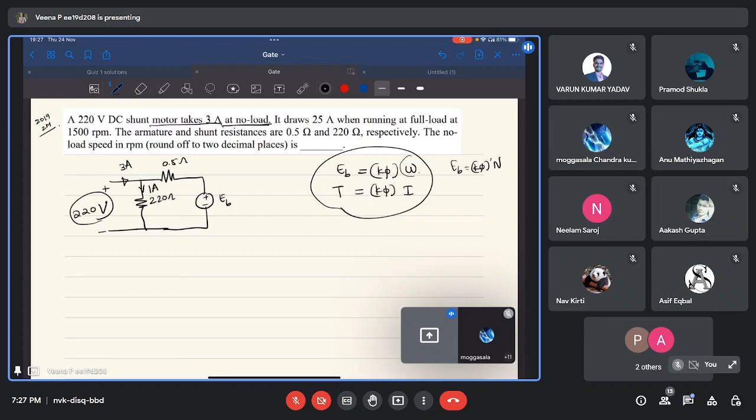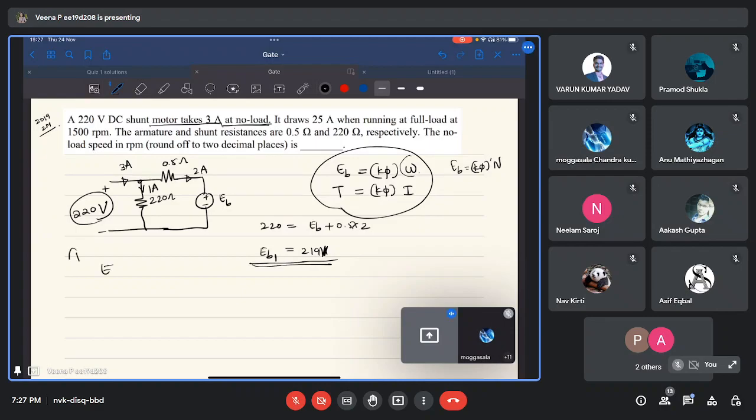So 3 ampere we applied. You apply KCL at this node, and you know that 2 ampere will flow in the armature circuit. You apply KVL. So 220 volts is equal to EB plus 0.5 times 2, where EB comes out to be 219 volts.